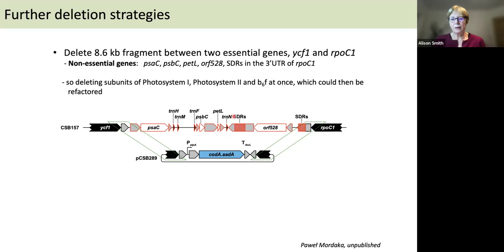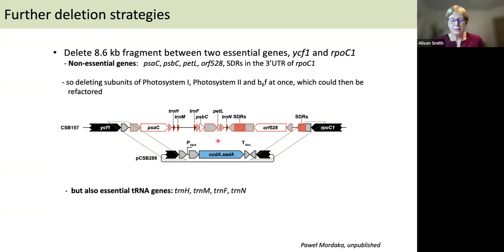But we had to consider what we could do with the tRNA genes. So we could have simply added those genes to our cassette, put it in with a selectable marker plus the tRNA gene. So we're basically knocking out the whole of this region, but reinserting the tRNA genes back into this position. So that's one possibility.